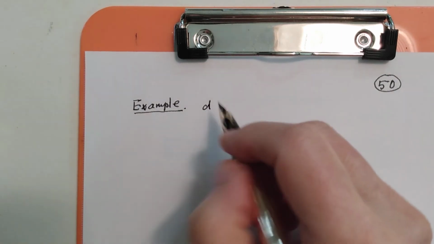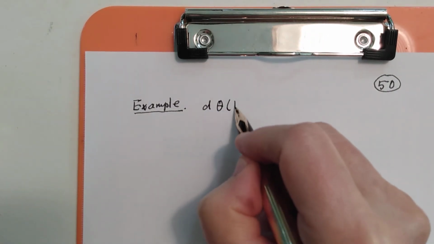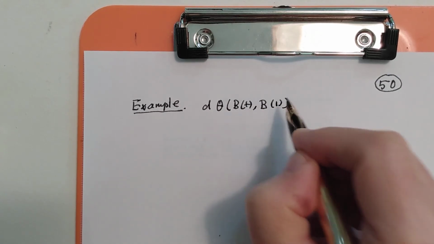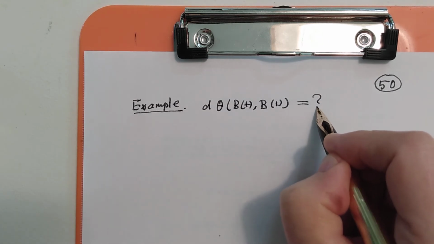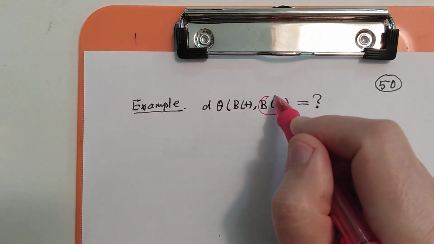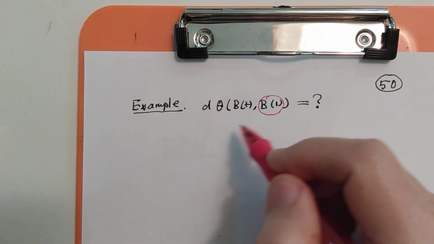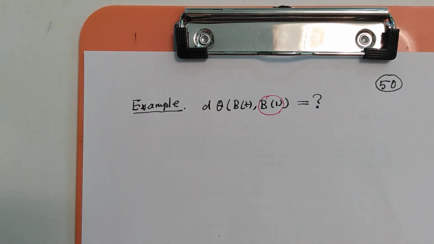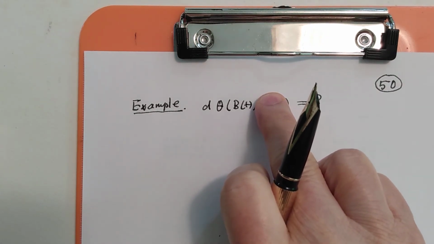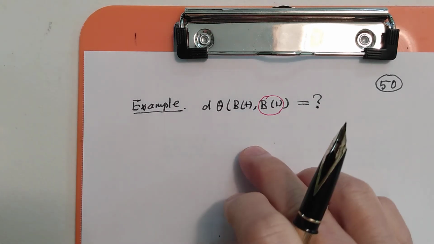Let's find out the stochastic differential of theta of B_t and B_1. So here we have B_1 as the second part of theta. If B_1 were not there, this would be within Ito theorem. But now with B_1 there, let's see what happens.